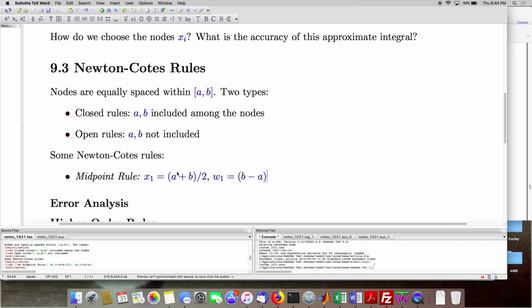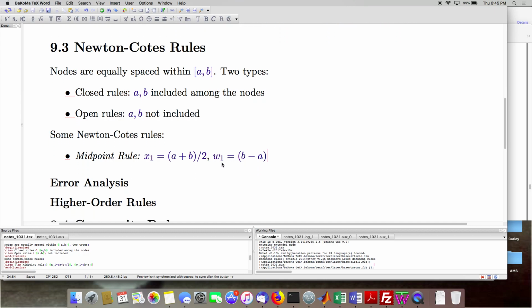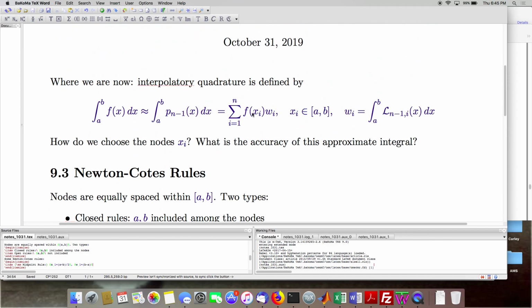One thing to keep in mind is that in general, certainly for any interpolatory rule, which is all we're going to talk about really, the sum of the weights will always be b minus a. Which makes sense because what if your function is a constant function? If I go back up here, f is a constant.